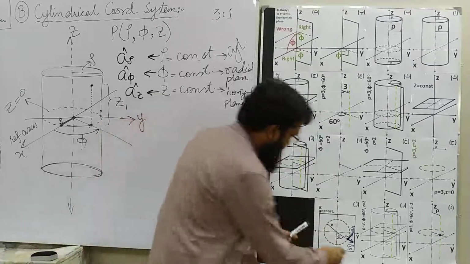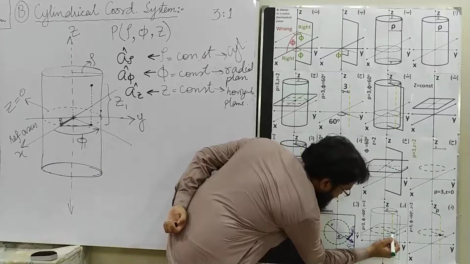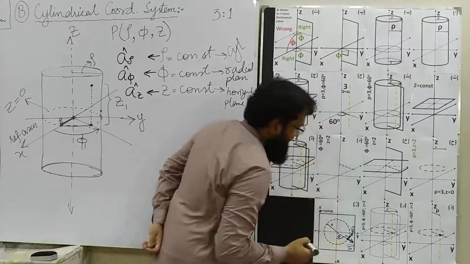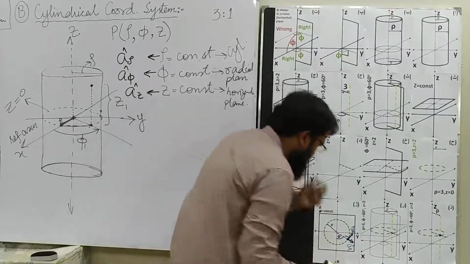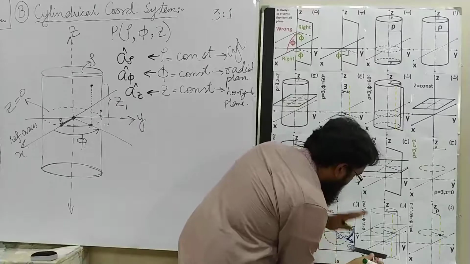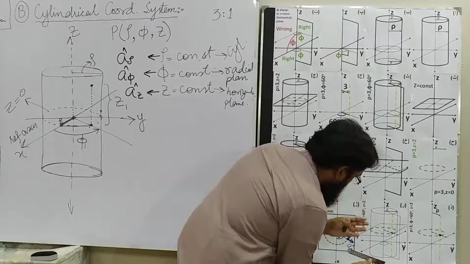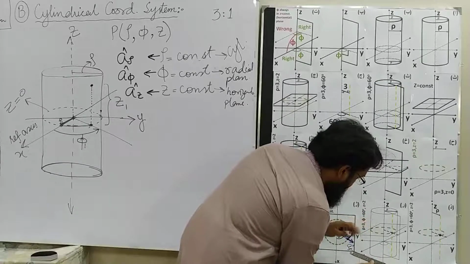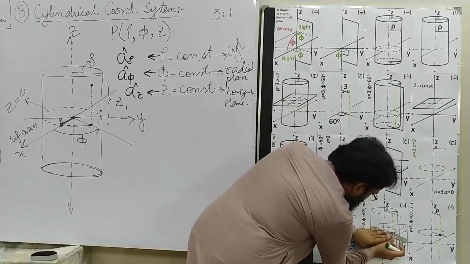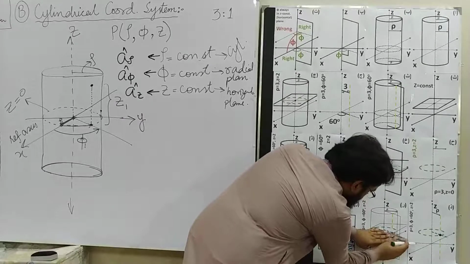so maybe I can do it here in 3 dimensions. In 3 dimensions, if I'm at this point and I want to move in the direction of increasing values of rho, that direction should be perpendicular to rho equals constant. It means that I should move along this direction.